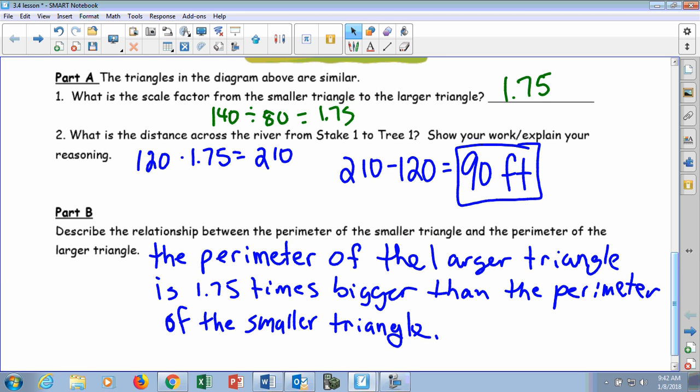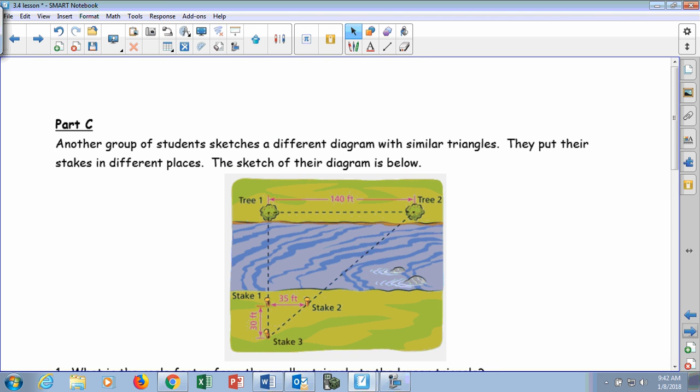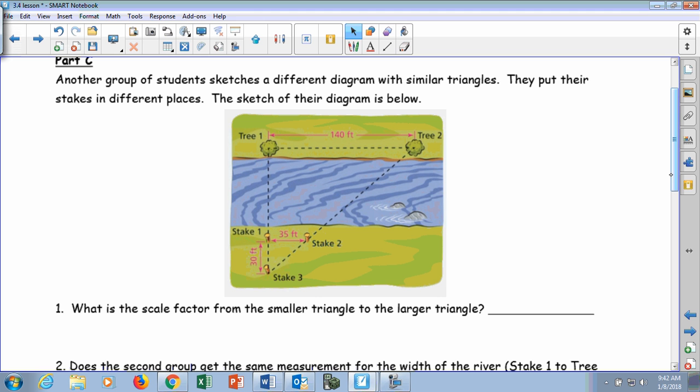All right. So on the back now, we got a different little scenario. It says another group of students sketches a different diagram with similar triangles. It's not as long going this way, right? So they put their stakes at different places. So there's a sketch. So now, I'll give you guys a few minutes to work on this one. What's the scale factor of going from the smaller triangle to the big one?